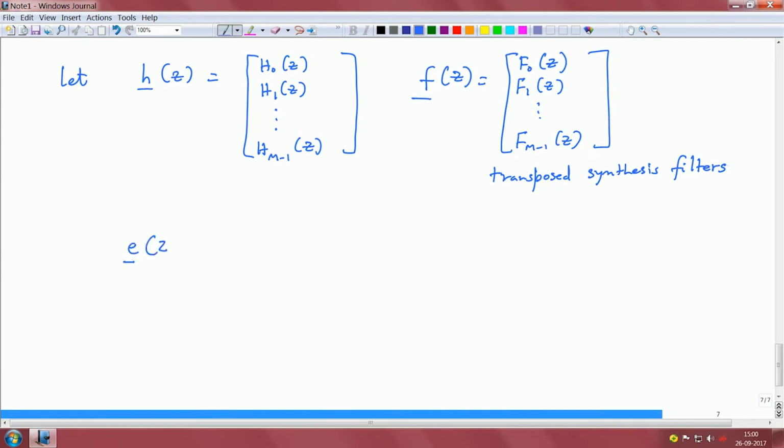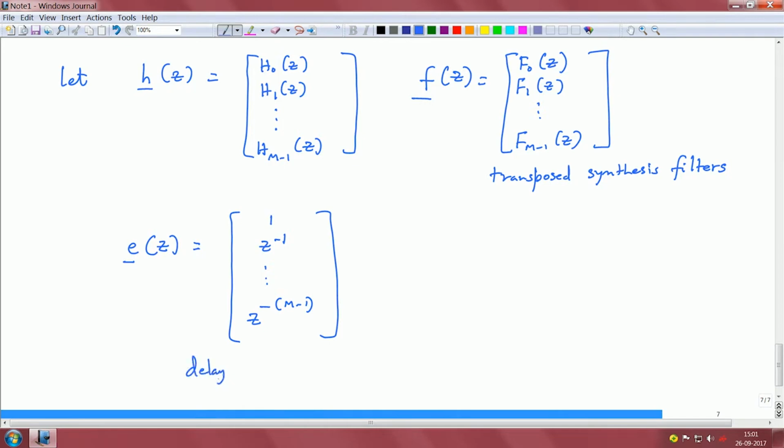And you may wonder again why we want to make a distinction of this transposition here. It is again type 1 and type 2 representation within the polyphase decomposition that would play a pivotal role in the way we would look at the structure for the analysis and the synthesis bank of filters. So, let E of z be a delay chain which is required for polyphase, and that is 1, a unit delay, dot dot dot, a delay of m minus 1 units.